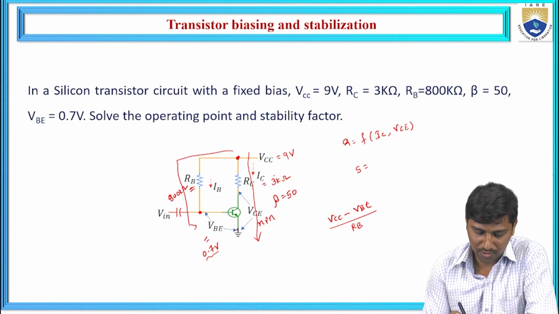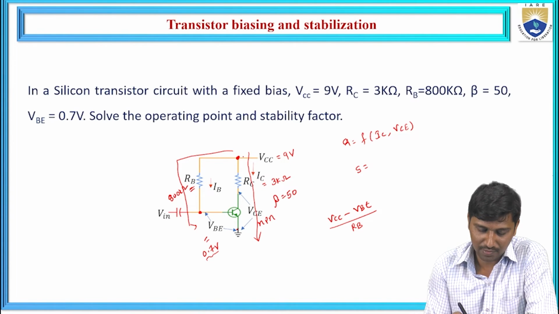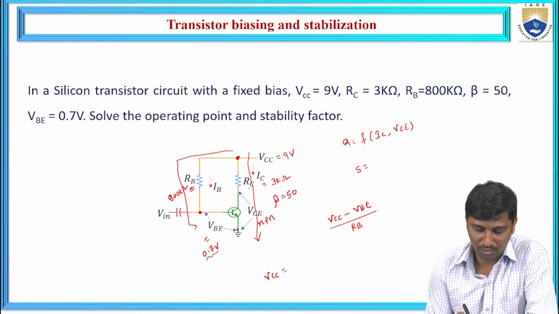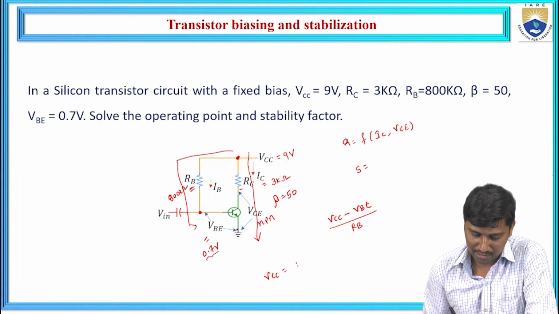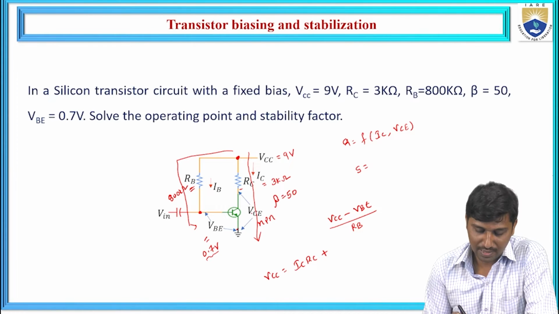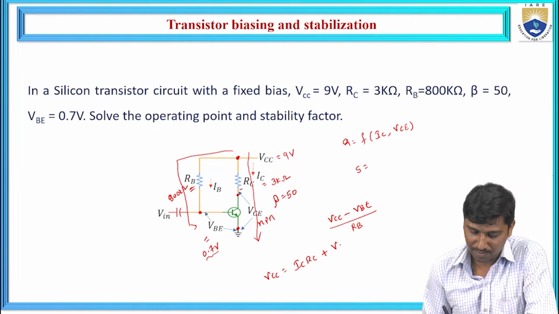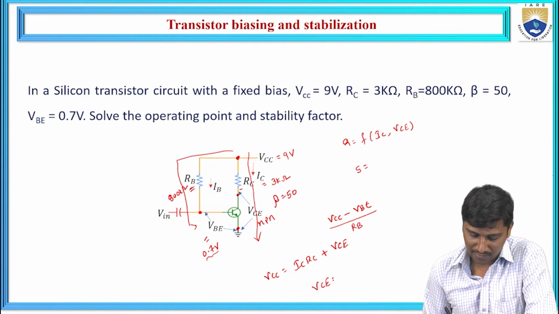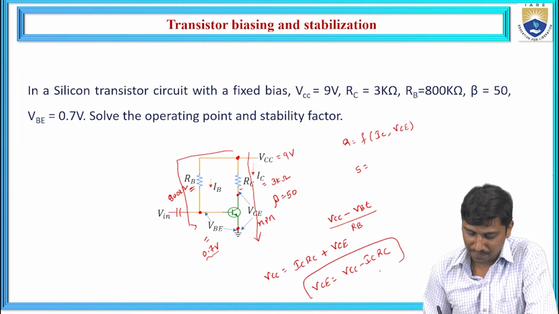If you write the KVL equation, the VCC node is equal to the voltage drop across RC, which is IC times RC, plus the potential difference between the collector node and the emitter node, VCE. So from this we can write VCE is equal to VCC minus IC times RC.